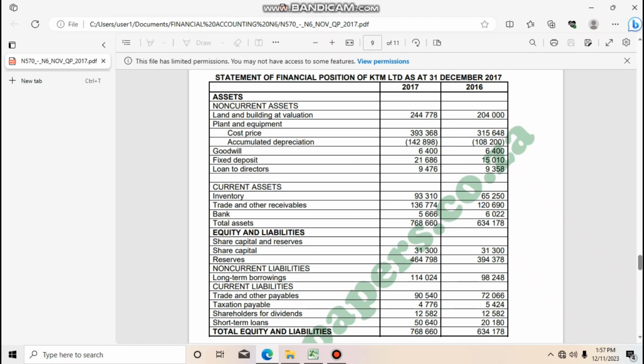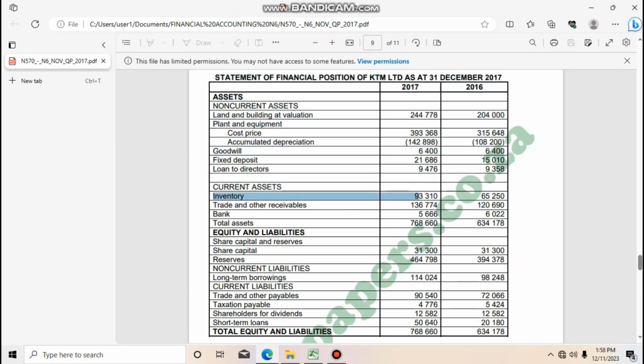Okay, so the changes in inventory. Looking at the changes in inventory, we're going to check the amount for the previous year for inventory and the amount for the current year for inventory. So we're going to find the difference. Here's the inventory. Can you see the inventory? Let me try to highlight.